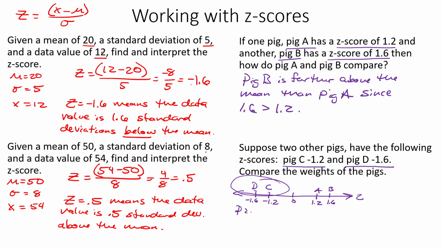So pig D weighs less than pig C. All right, it's farther down. Here we would say that pig B is farther above, so pig B weighs more than pig A.